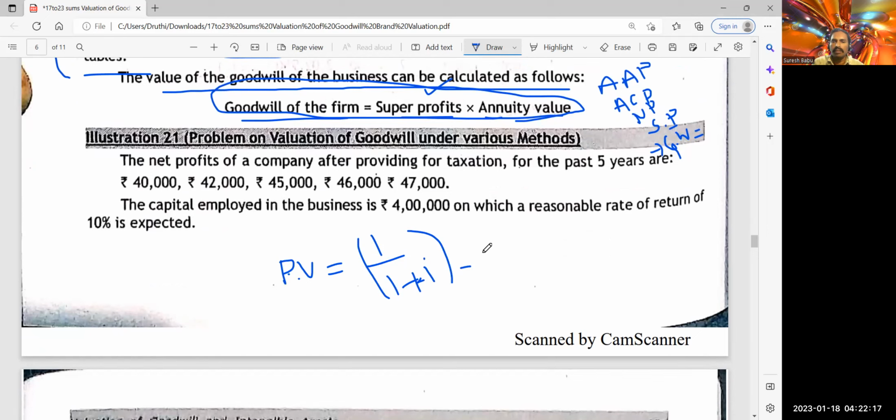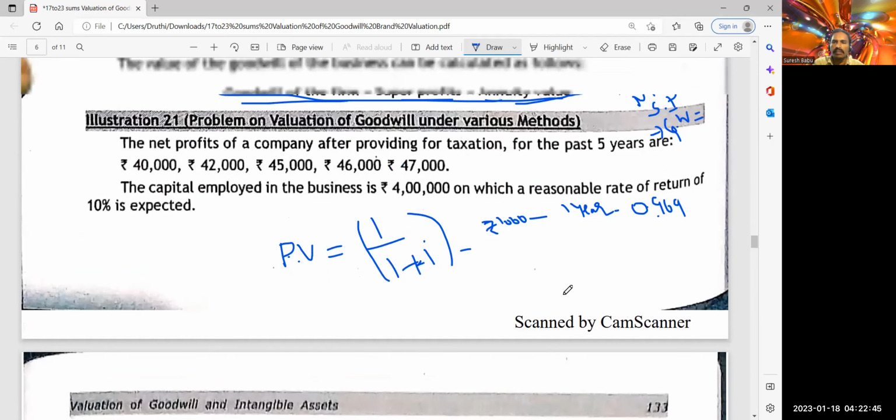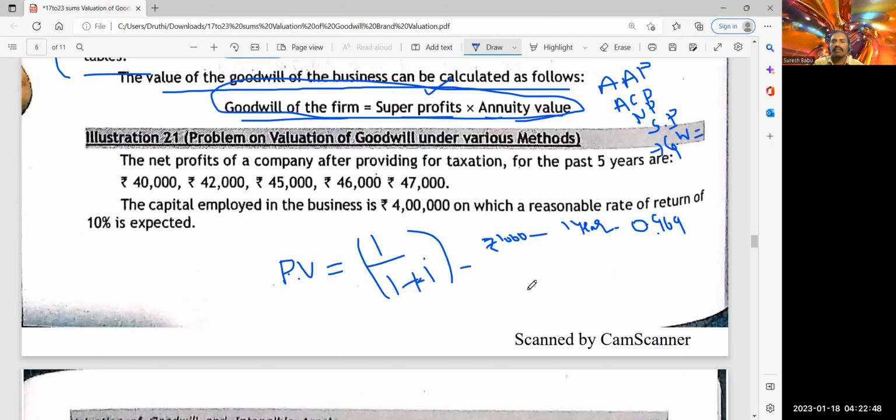For example, rupees 1000, you are going to receive after 1 year. What is its present value? 0.969. How do you derive this value?